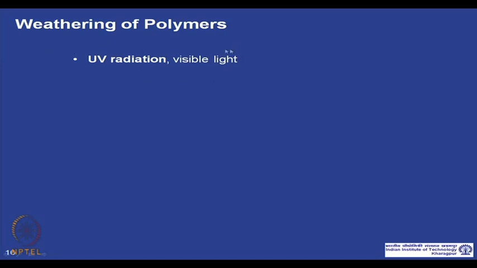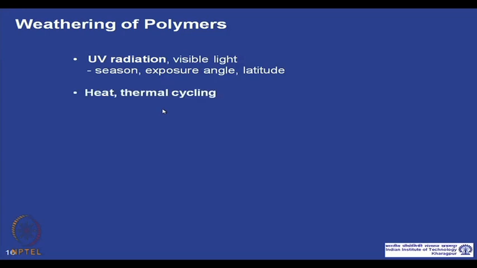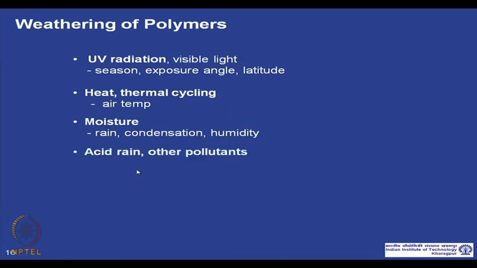What are the conditions in the weather which affect the polymer properties? UV radiation to the most extent, and that will depend upon which season you are in, winter, summer, what is the exposure angle, latitude, which latitude your polymer is exposed at, heat cycles. That will depend upon your air temperature and so on, the moisture content in the environment, and that will depend upon the rain, condensation, humidity.